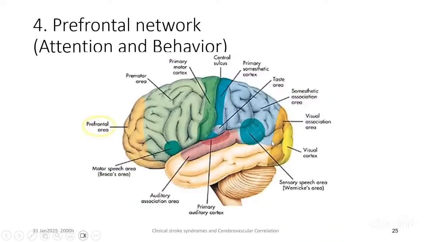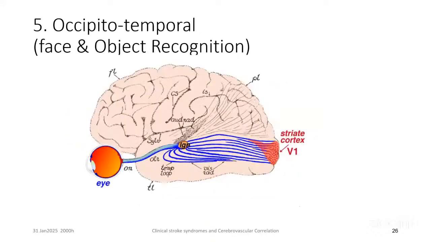And the attention and behavior, we have already discussed, the top to bottom. And face and object recognition is because of the striate cortex. So on striate cortex and the dorsal where pathway and the ventral what pathway, and these are the connections. So you can see the axons crisscross across the brain, and any area of damage will give rise to vascular cognitive impairment.